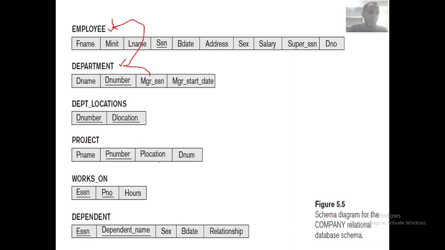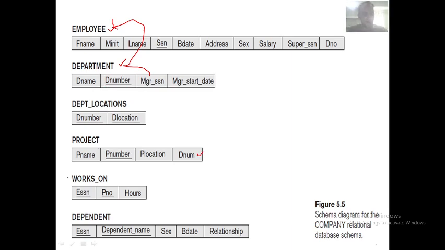So it is a foreign key. What about this department number? Primary key, sir. No, sorry, foreign key, sir. Foreign key, because in department it is a primary key. Got it? Good.